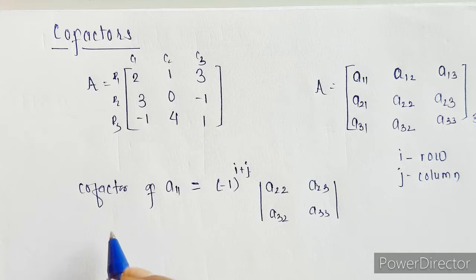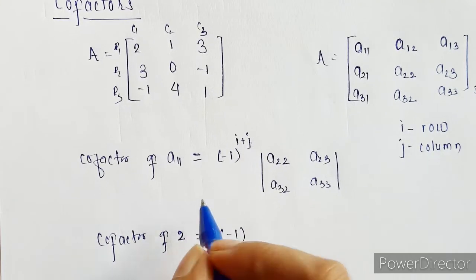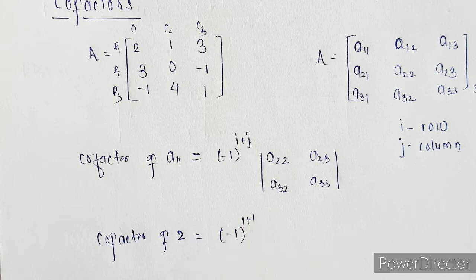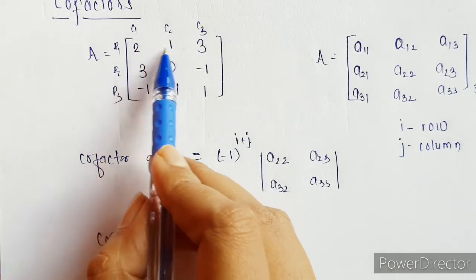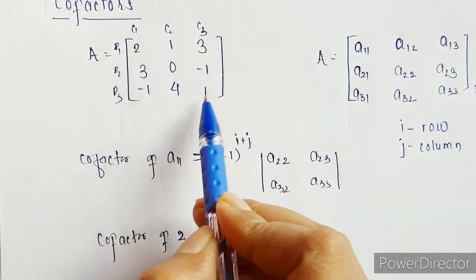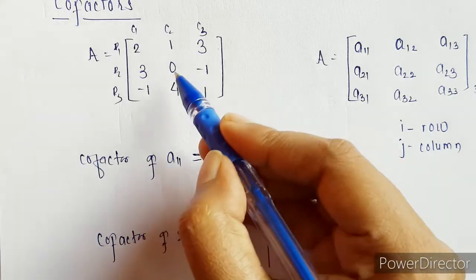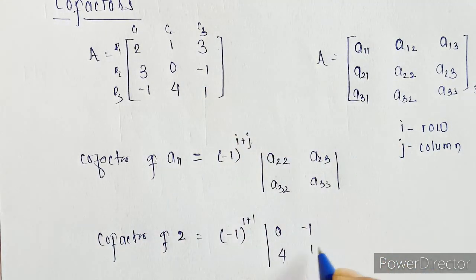So if I am finding the cofactor of 2, this will be minus 1 raised to power, since this 2 is at the place of 1, 1, row 1 column 1, 1 plus 1. And then we forget about the same row, same column and take the determinant of the remaining terms. The remaining terms are 0, 4, minus 1 and 1.